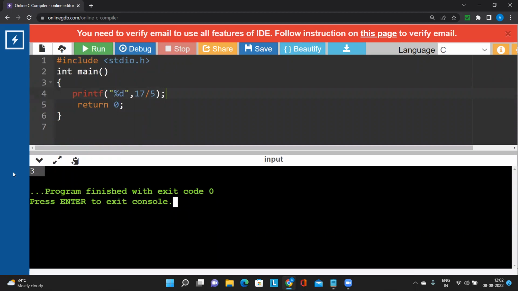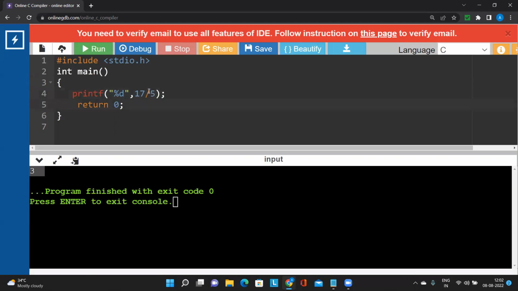Okay, 17 divided by 5, it is giving me the result as only 3 and not 3.66. So I will get 3.66 when either the numerator or the denominator is a float or a double value, then the result will be in the form of a double or a float.